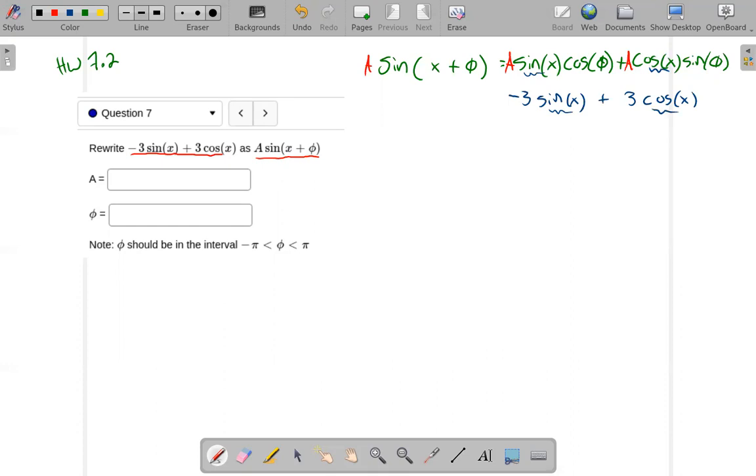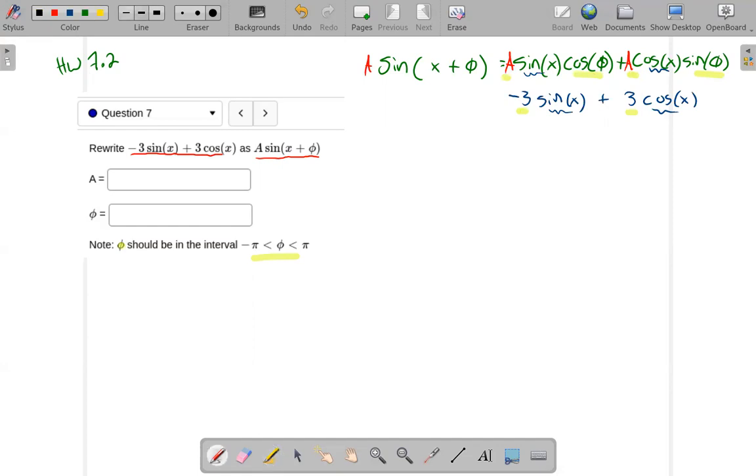And then we've got the a cosine of phi. Phi is some constant. It's going to be some number between -pi and pi. That matches up with our -3. And then our a sine of phi, again, phi is a constant, so sine of phi is a constant. That has to match up with that 3 right there.